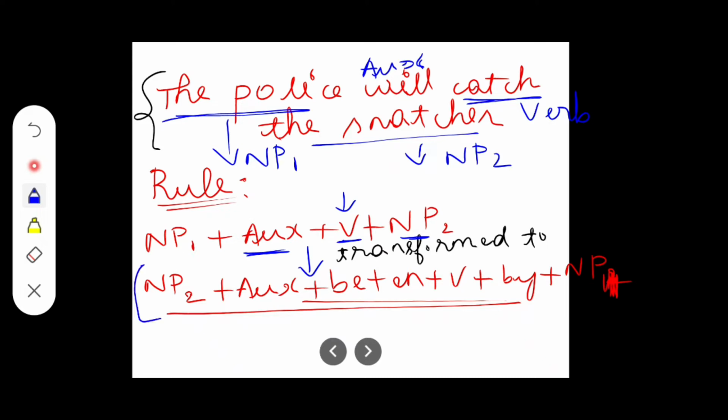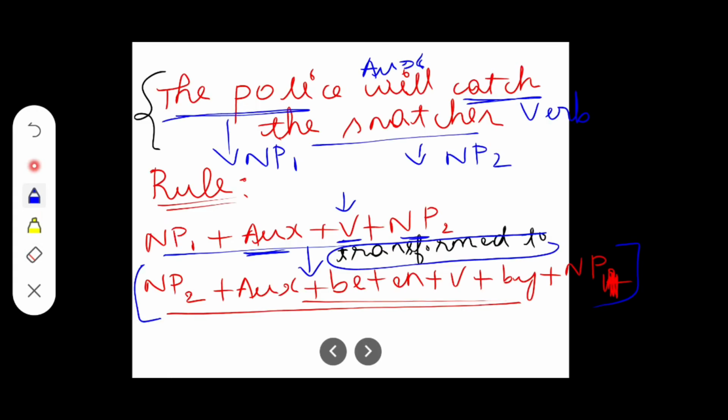So we have assigned the rules for the sentence. Now we have to convert this to this. That is why I have mentioned here transformed. So the same thing I'll be writing here. What is NP2? NP2 is here the snatcher. So using those rules I'll be rearranging the sentence. The snatcher. Okay, the snatcher. See, then followed by what?